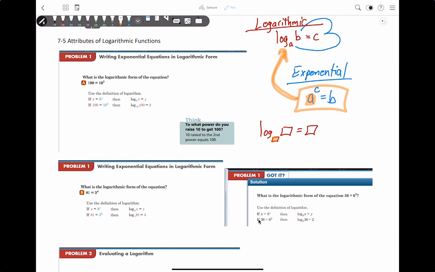And since it's to the power of c in exponential form, with the reverse Hart method, this c is going to go over here, because it's just going back and forth between rewriting it. And then last but not least would equal b.